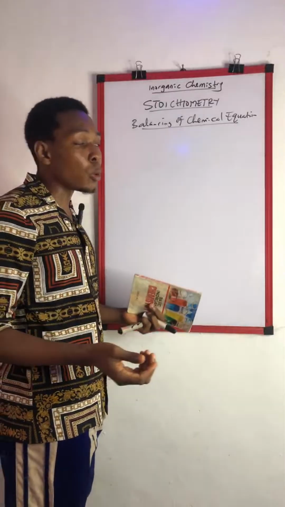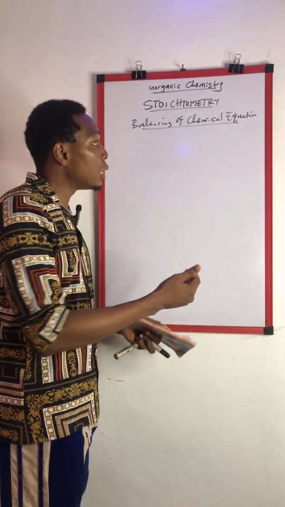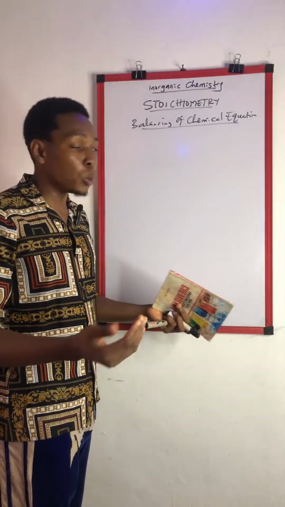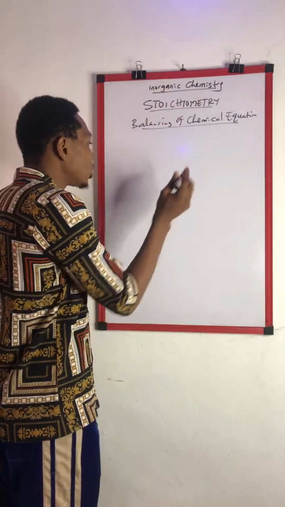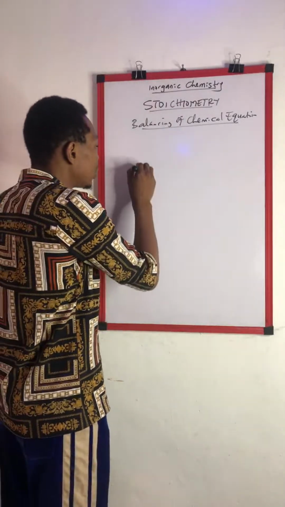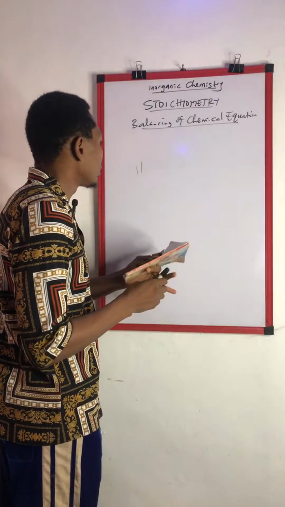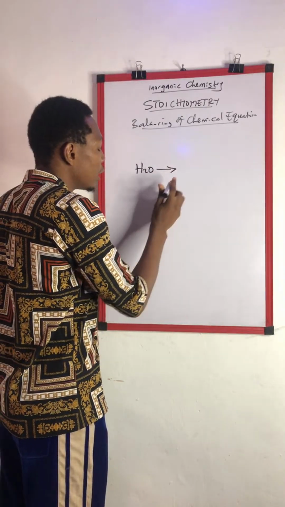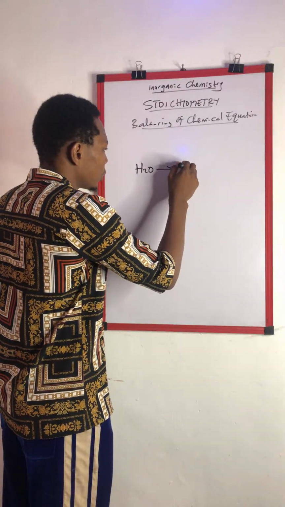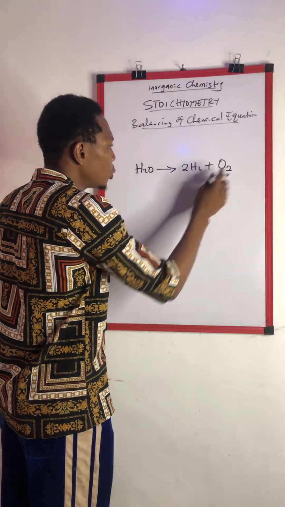When you use chemical symbols to represent what happened in the reaction, it becomes a chemical equation. Assuming you are having something like this: H2O gives us 2H2 plus O2.